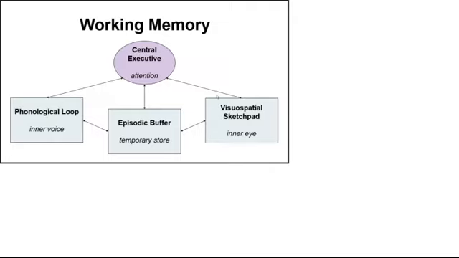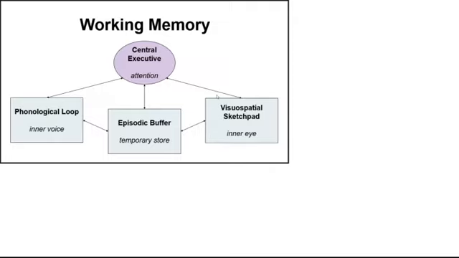And the 3 sections that it's working with are going to be our phonological loop, which would be our inner voice. Say someone gives you instructions to do a particular task. That would be your remembering of the order of what they told you to do. That's also going to relate to our episodic buffer.